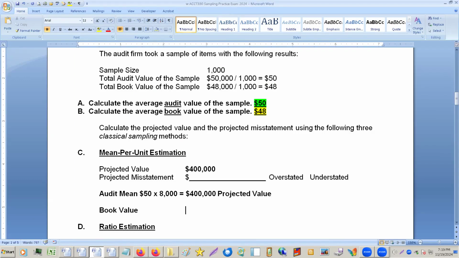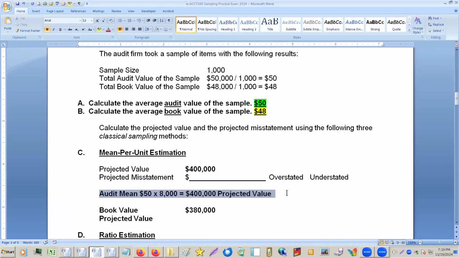So the book value is 380,000. The projected value was 400,000.